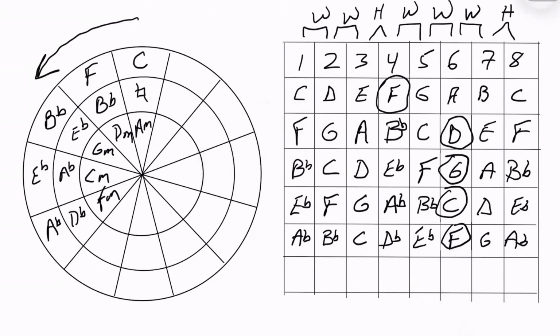Next scale, we're going to start with D flat. Carry over our flats, E flat, F. G is our new flat, that's the 4th degree. A flat, we carry them down, B flat, C, and end on D flat.